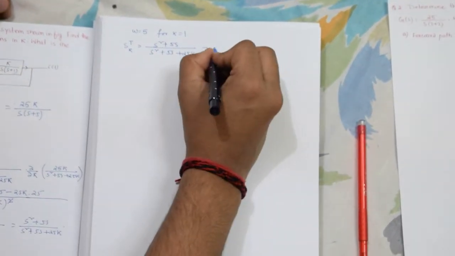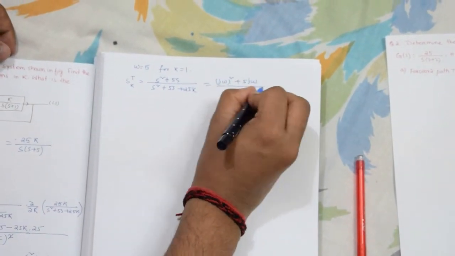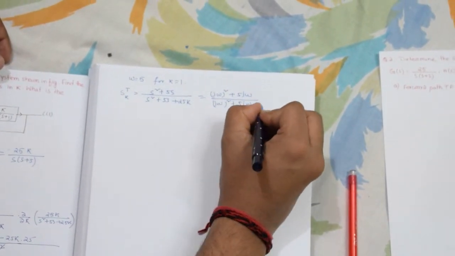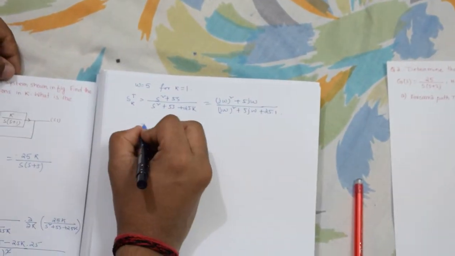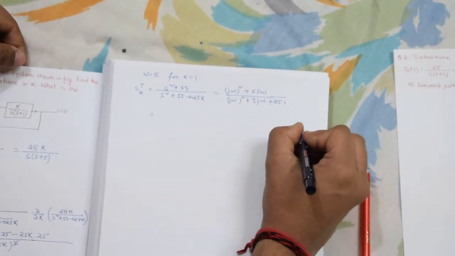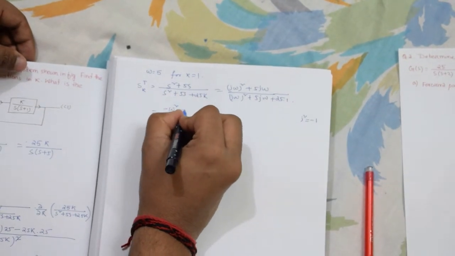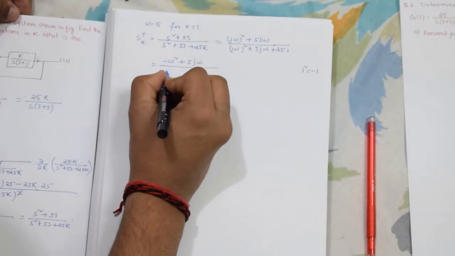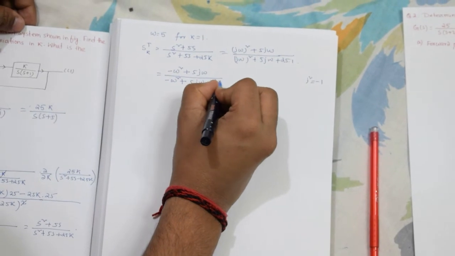We know that s equal to j omega, so it will be j omega square plus 5j omega by j omega square plus 5j omega plus 25, and k equal to 1, so it is 25 into 1. Here it is j square into omega square, and we know that j square equal to minus 1. So minus omega square plus 5j omega by minus omega square plus 5j omega plus 25.